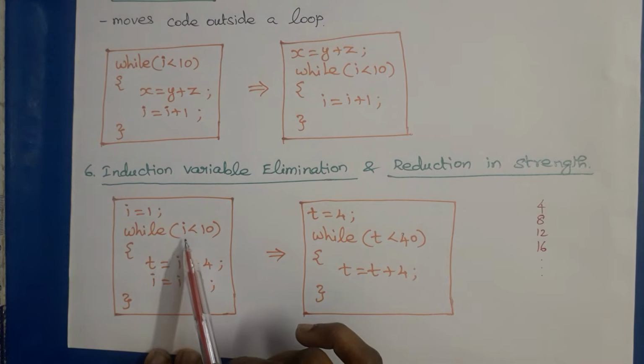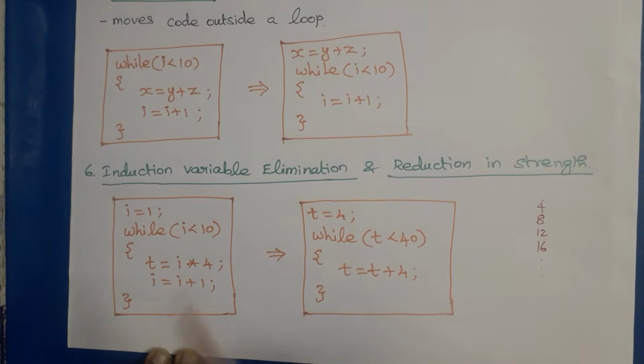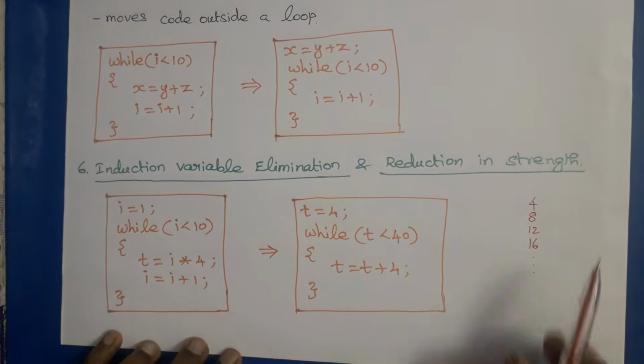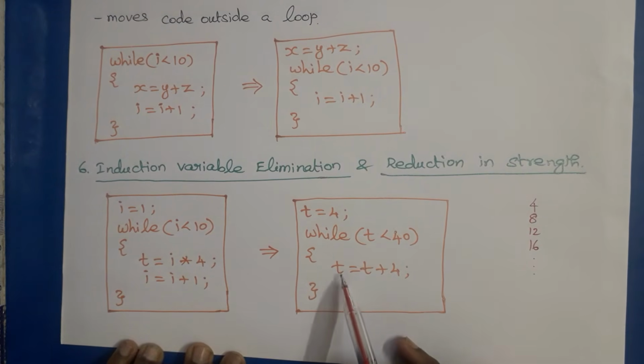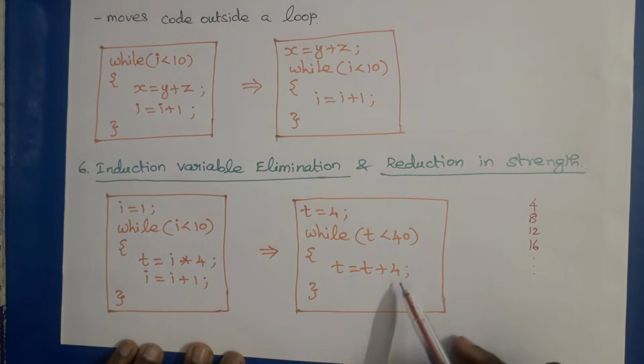Then the induction variable i can also be removed in the optimized code. That is, instead of t equals i star 4, we can write t equals t plus 4, right? Because every time t is increased by 4.